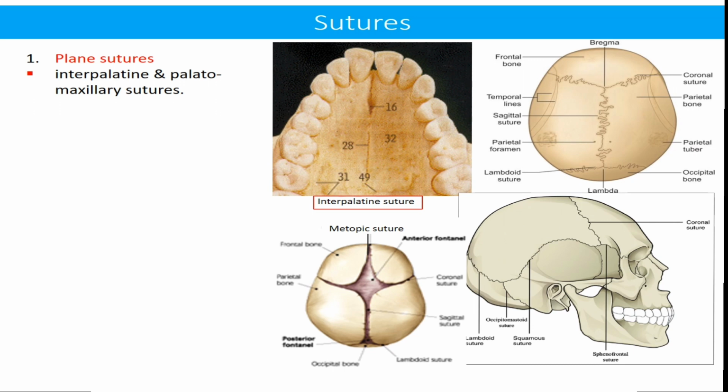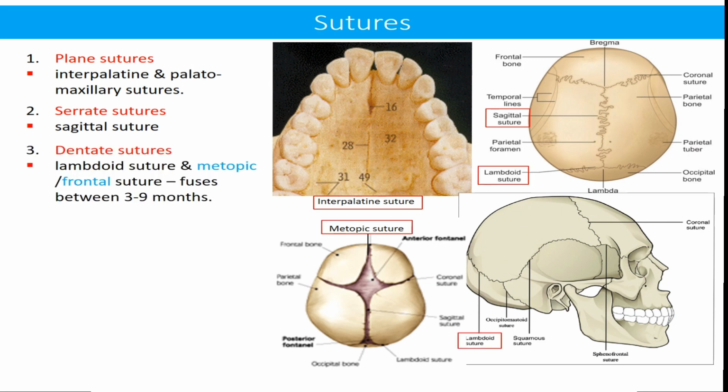First type of sutures are the plain sutures. Examples are interpalatine and palatomaxillary sutures. Number two, serrate sutures. Example, sagittal suture. Number three, dentate sutures.